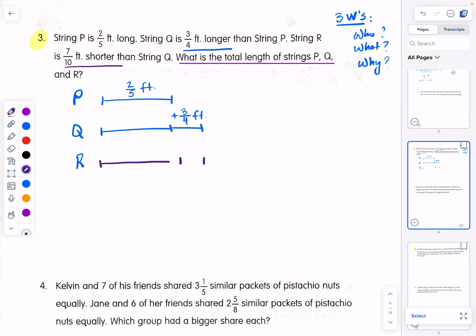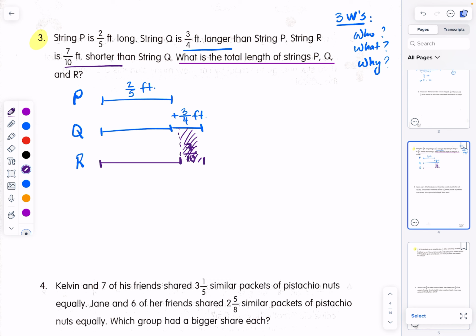This is going to be our string. Let's make a straight line. This is going to be the length of string R. And what is the difference between R and Q? Well, the difference is 7/10, right? Q is 7/10 longer and R is 7/10 shorter.